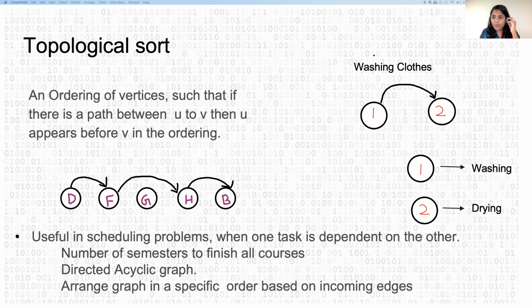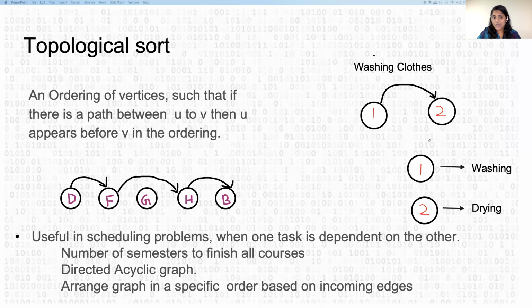Let's take a common example of washing clothes. Here there's a representation from 1 to 2, where 1 represents washing and 2 represents drying. So you have to finish washing before you dry your clothes.